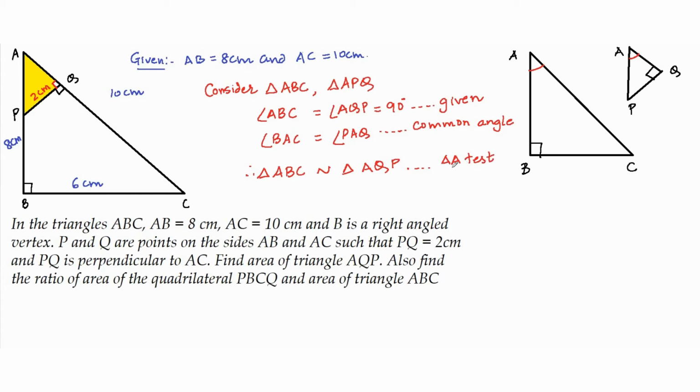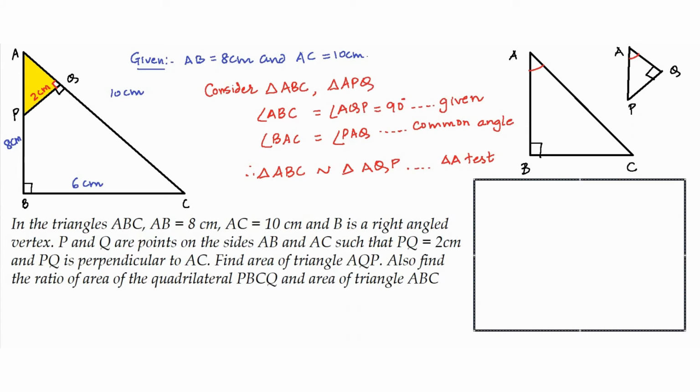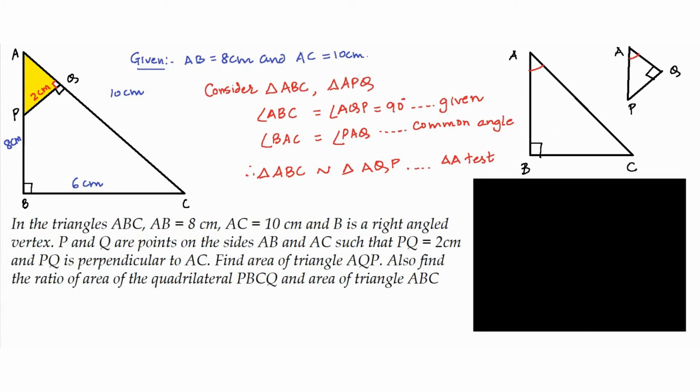And now I can say that because the triangles are similar, I am going to go ahead with the idea of finding the ratio of their areas. So let's do that quickly. So now I can say that area of triangle ABC divided by area of triangle AQP is going to be the square of the corresponding side.